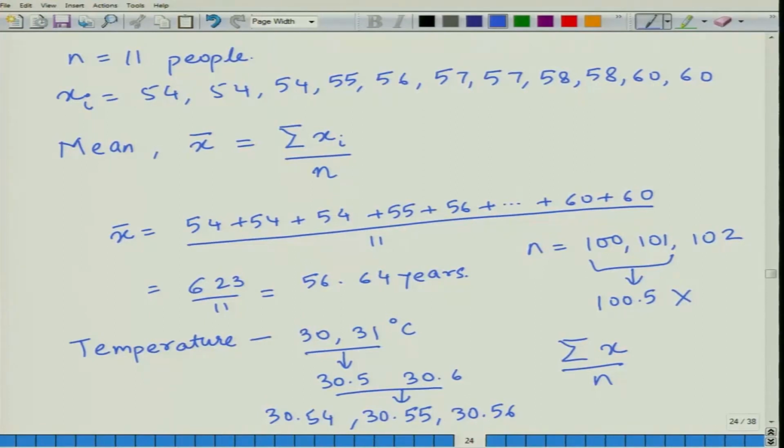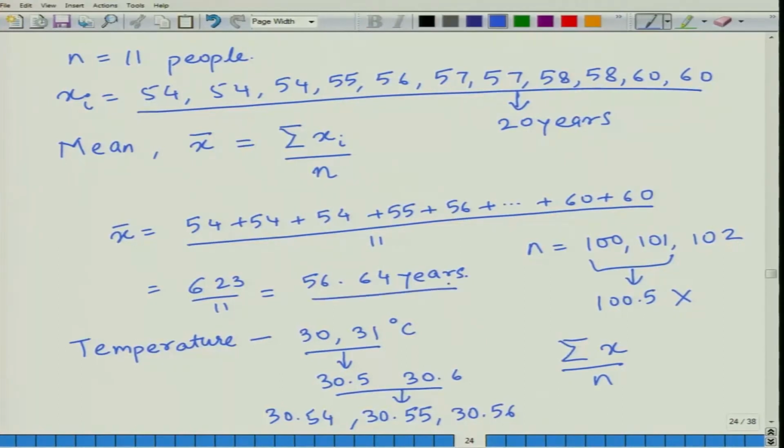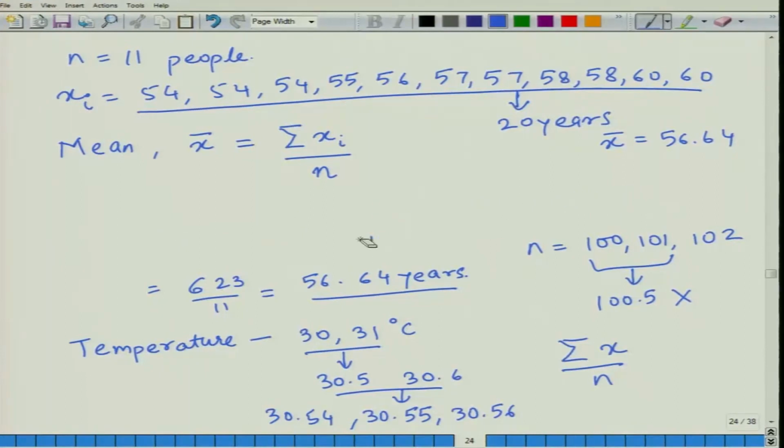So, suppose amongst these values you added a single extra value and that was 20 years. So, how would the calculation vary in this case? Remember that currently we had the average of 56.64 years. Now, if we added one extra value of 20 years, what would the mean be? So, let us calculate the mean again.